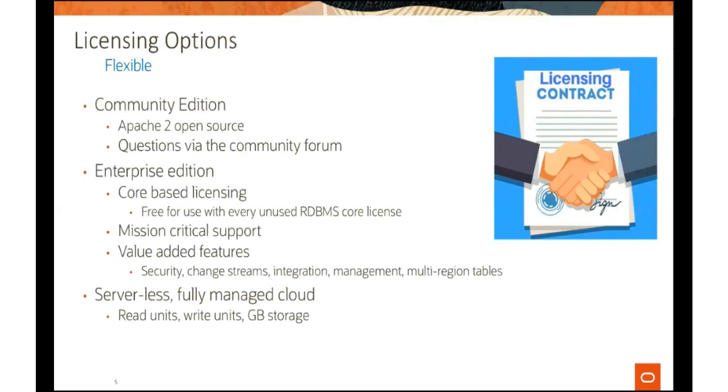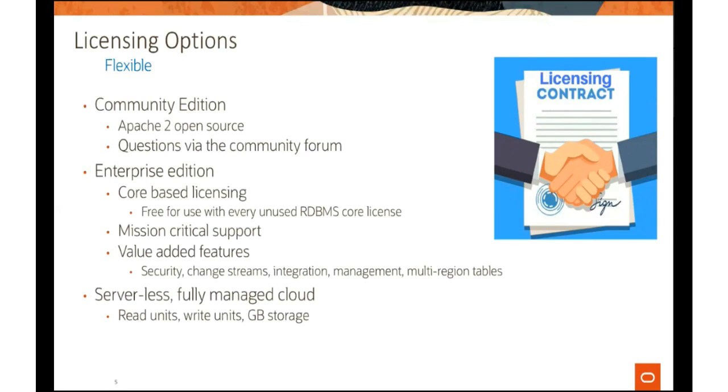And then there's a bunch of value-added features that are in the Enterprise Edition that don't come with the Community Edition. There's extra security. There's a streaming change data capture piece of functionality. There's integration with Big Data SQL and multiple other systems, Hive via storage handler.